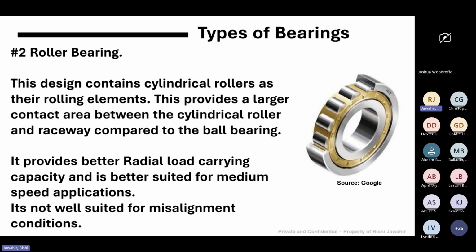So it gives it a higher load carrying capacity, also to provide more load support in terms of larger rotors. Also suited in a radial direction. And one of the limitations with this is it's not well suited for misalignment applications, right?